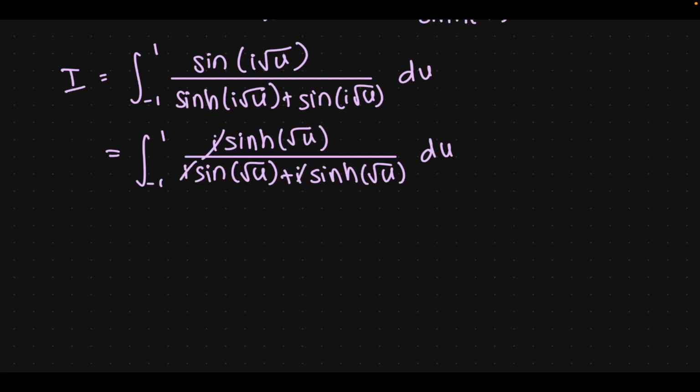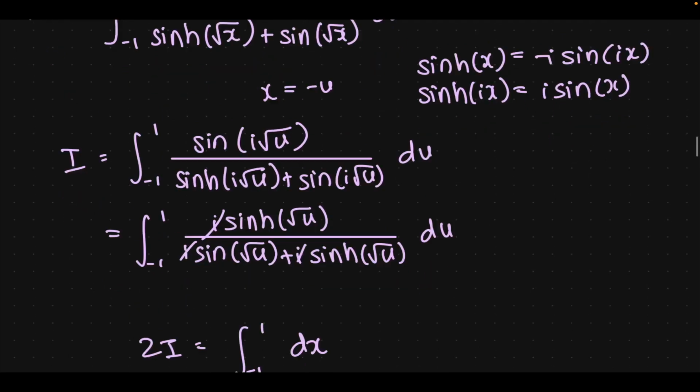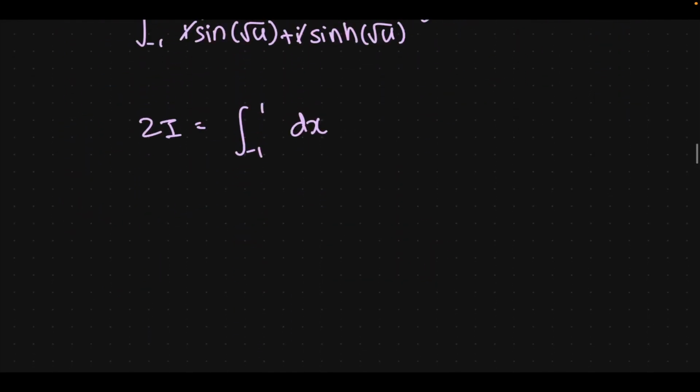And notice that when we add two of those together and maybe change the u to an x again, because it's a definite integral, we get the integral from minus 1 to 1 of just dx, because the numerators will cancel exactly with the denominators, which has value 2. So that means I is just 1. That's a very, very neat answer.